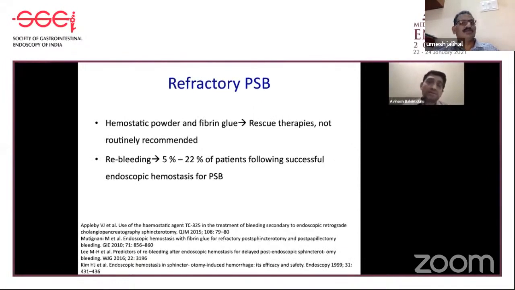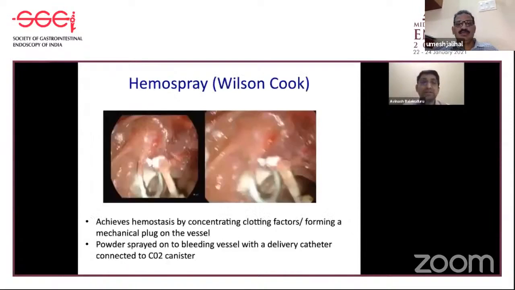A couple of other modalities that have come recently include hemostatic powder. These are all rescue therapies. ESGE doesn't recommend them, but rebleed rates are much better whenever we use the hemospray. This is from Wilson Cook. It achieves hemostasis by concentrating the clotting factors and forming a mechanical plug on the vessel.